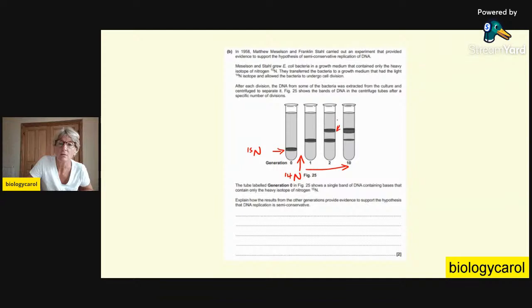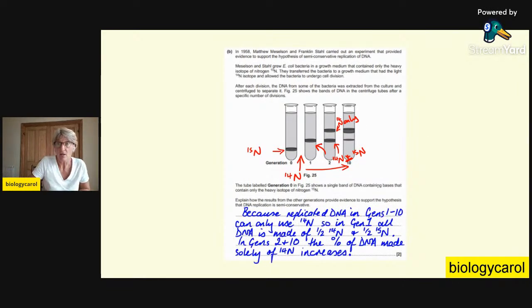This one is 14N only, and this one is the DNA made up of 14N and 15N. And as the generations go on, the band of the DNA that is made up of solely 14N gets bigger and bigger. And I'll put a little diagram up in a minute, and I hope it makes sense.